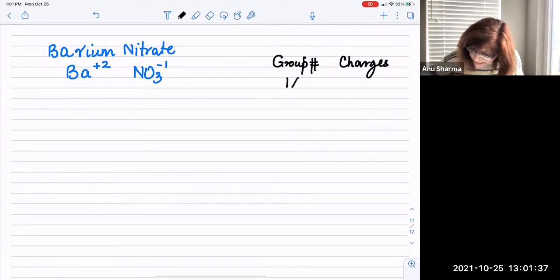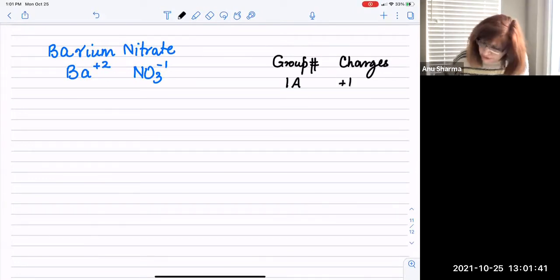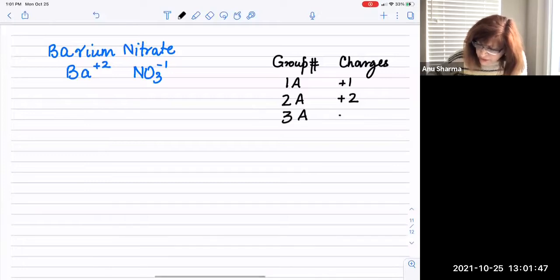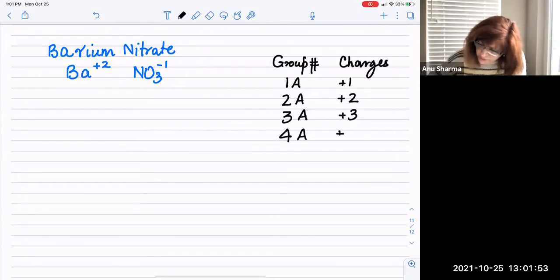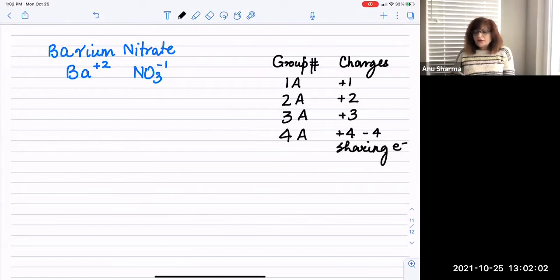Okay, group 1A has +1 charge. All the elements that are in group 1A, +1 charge. Group 2A in the periodic table, +2 charge. Group 3A in the periodic table, +3 charge. Group 4A in the periodic table is +4, -4, and sharing of electrons. Okay, so that's covalent. So that's what you get, 4A.